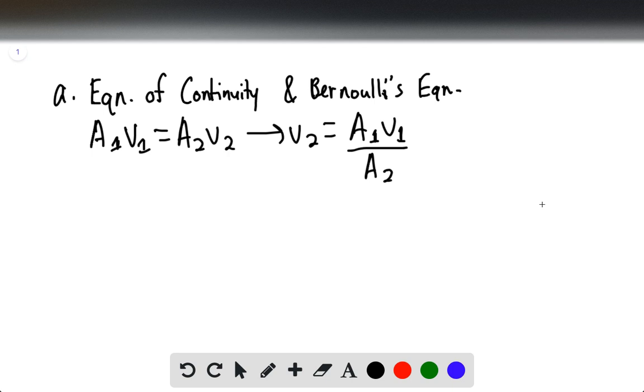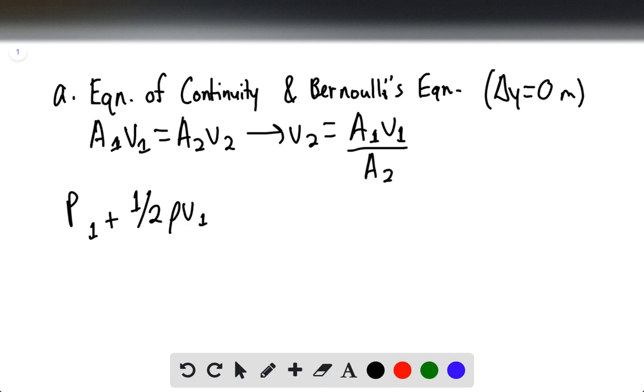And then we can use Bernoulli's equation where delta y equals 0 meters. So essentially we'll have P sub 1 plus half of rho V sub 1 squared equals P sub 2 plus half of rho V sub 2 squared.